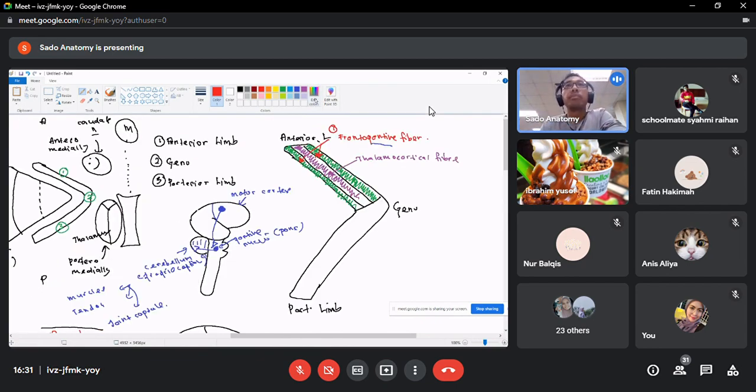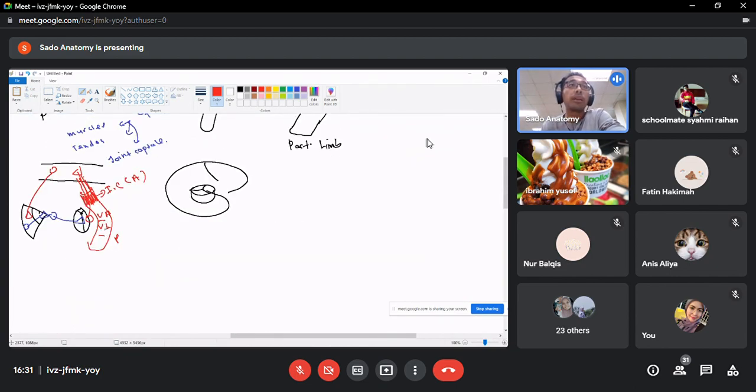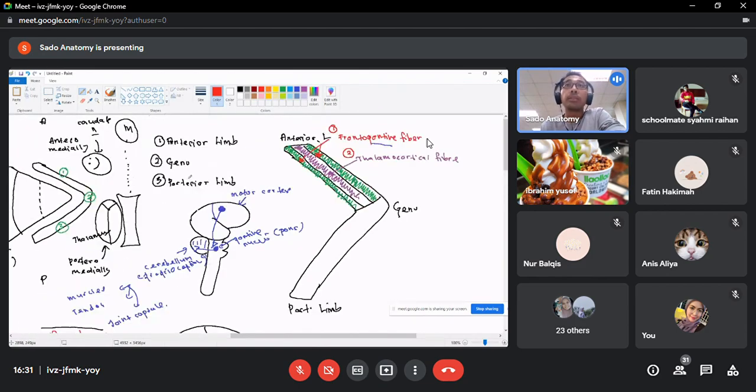So now please remember that the anterior limb of internal capsule consists of two tracts. Number one, frontopontine fiber, coming from the motor cortex of the frontal lobe and terminating in the pontine nuclei of the pons. Number two, the thalamocortical fiber, which is coming from ventral anterior and also ventral lateral nuclei of thalamus and terminates, same thing, inside your motor cortex of the frontal lobes.